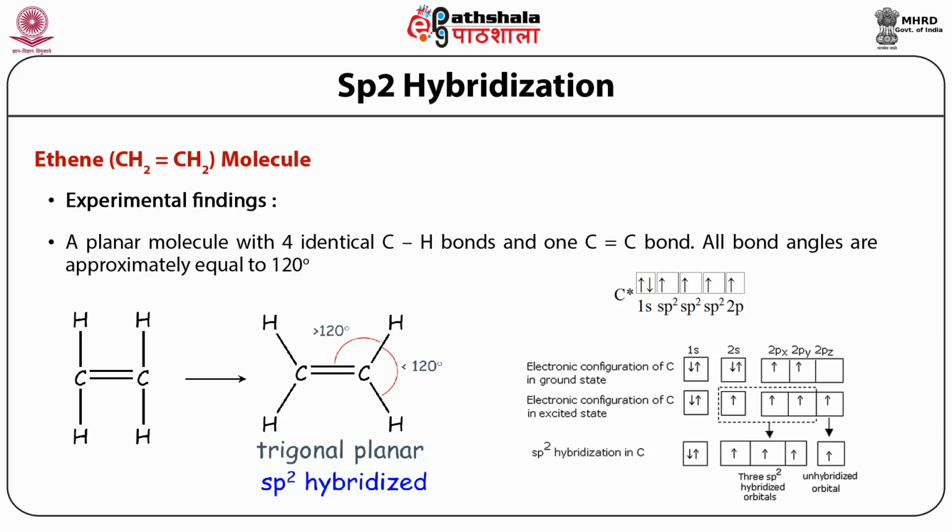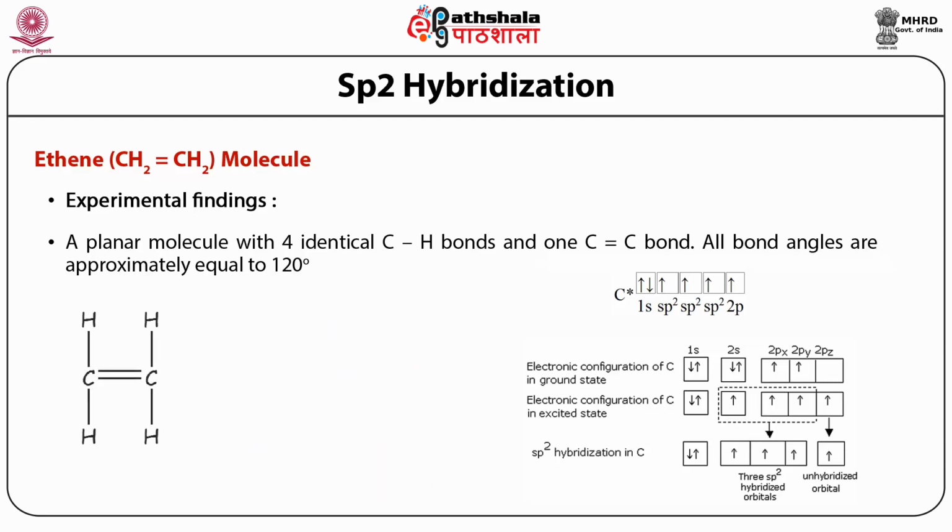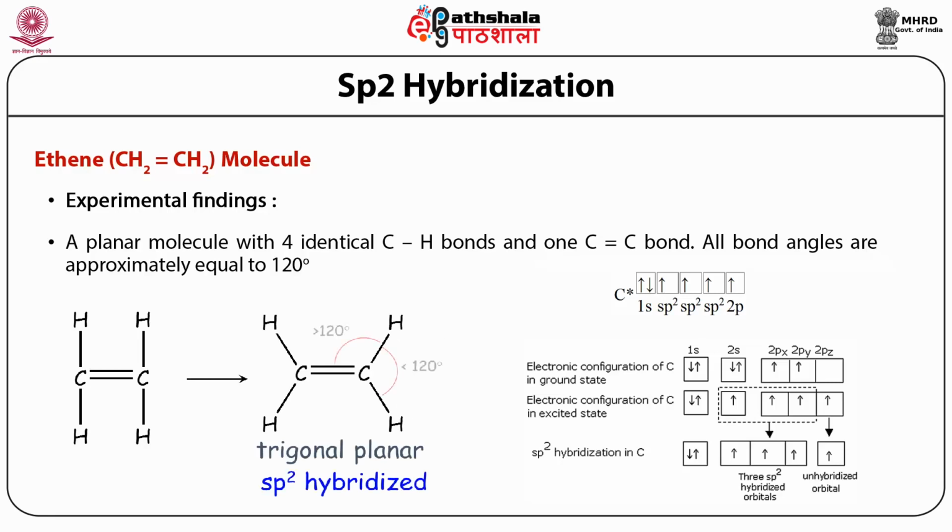So the experimental findings for this ethene molecule are that it is a planar molecule with 4 identical CH bonds and 1 C double bond C, and all the bond angles are approximately equal to 120 degrees.